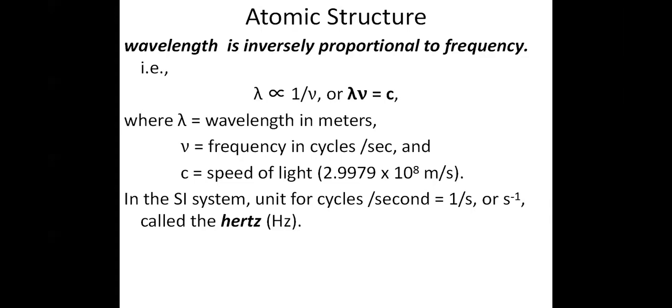The SI units are meters for wavelength, cycles per second for frequency, and speed of light is in meters per second. So the waves will obey this equation of wavelength times frequency gives us speed of light. So this is our first equation: c is equal to wavelength times frequency.